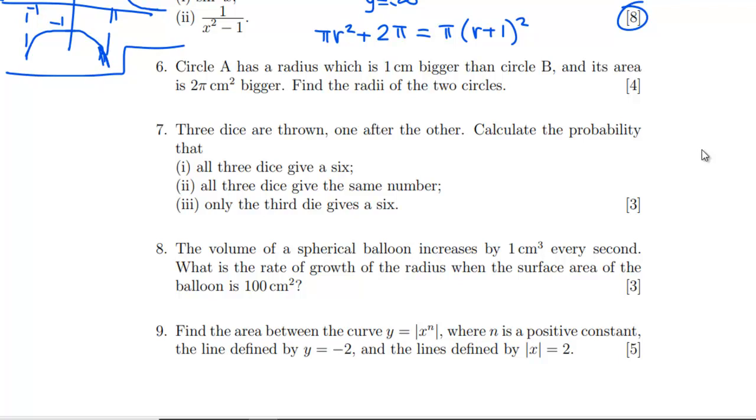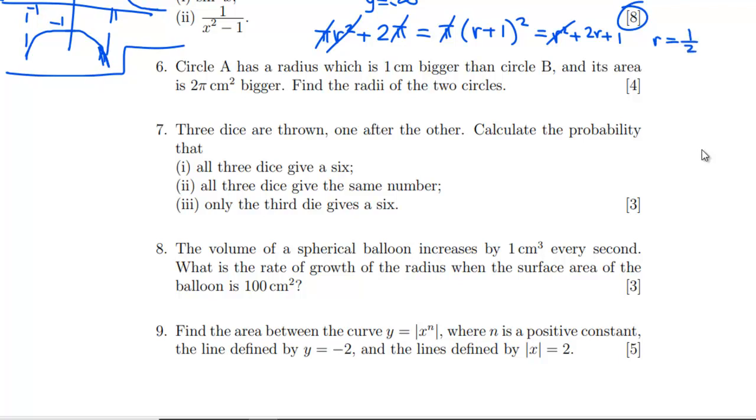So we just need to solve that for r. So we can cancel all the pi's. That's going to be equal to r squared plus 2r plus 1. So we can cancel the r squareds. We've got 2r equals 1. So r is equal to 1/2.